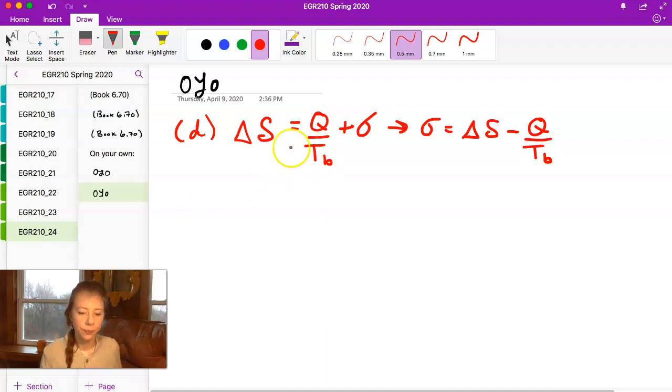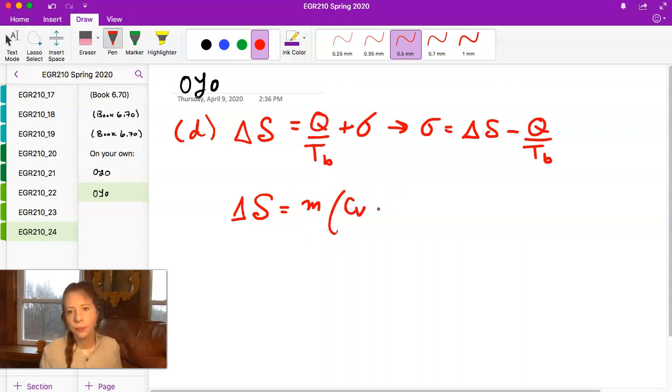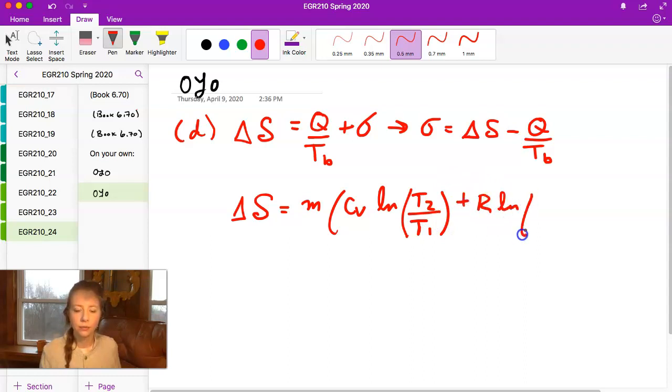All right. So now we have to figure out what delta S is. So delta S is going to be m, the mass, times Cv times the natural log of T2 over T1 plus R times the natural log of V2 over V1.